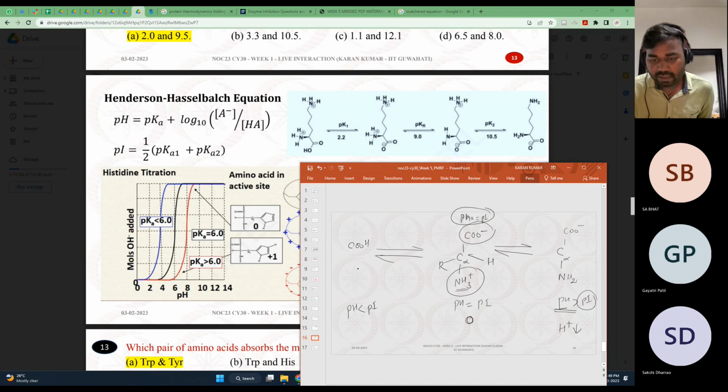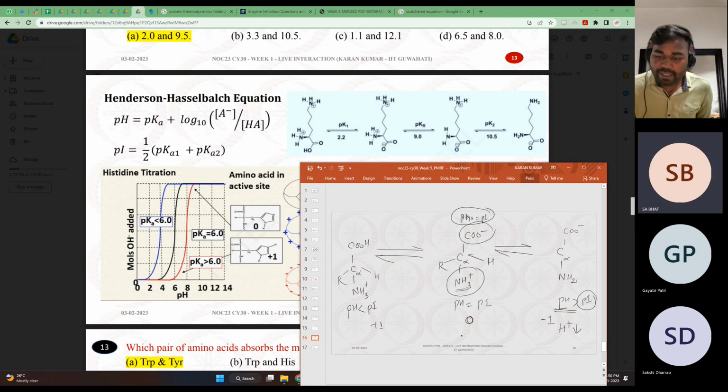And you will see a positive charge on the protein, right? Here it is positive, 0, -1. Okay, it is clear. So you calculate the pKa due to this characteristic only.